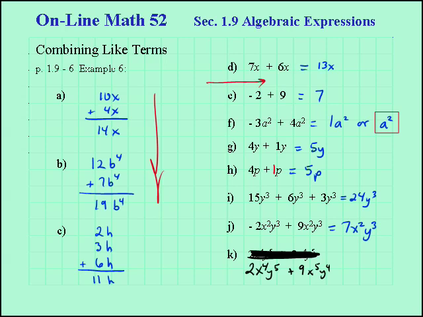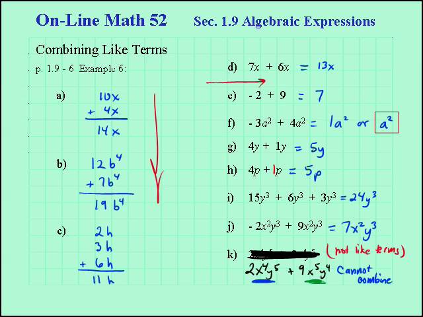So I'll put this two ways. First of all, I'll say not like terms. And then I'll write the real answer, or an answer I should say, cannot combine. Cannot combine. That's because their variable clusters are different.